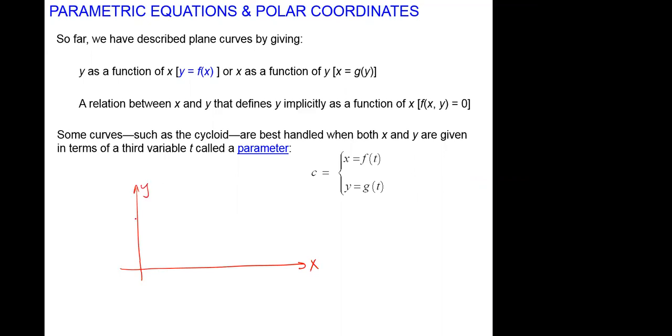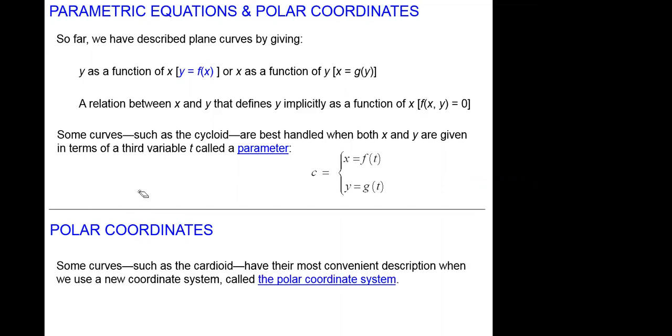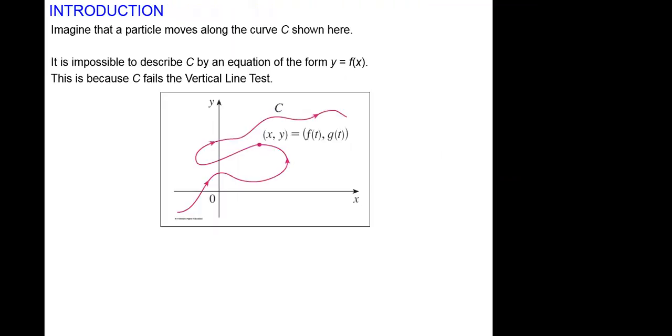Let me draw something. Yeah, we will go here. That means having a curve, I don't have to draw it, I have it here. Having a curve in the xy plane, not always the curve will be a function.